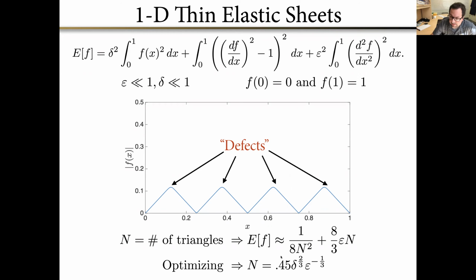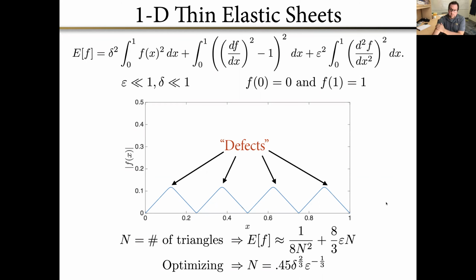Okay, you have to prove this rigorously. The rigorous way to do this is something called gamma limits. But this is the intuition of the problem: you rigorously prove this good guess. And if you can do that, you get the precise scaling law for the number of triangles as a function of the small parameters. So this is the math behind it.